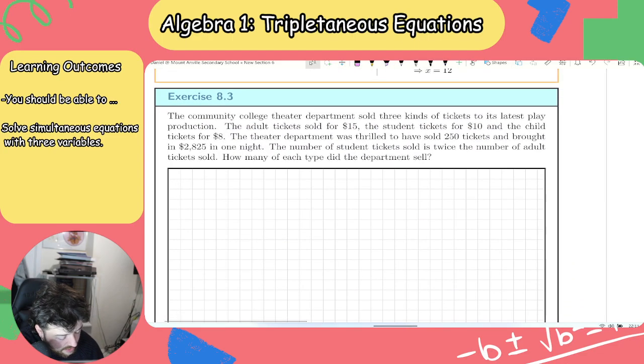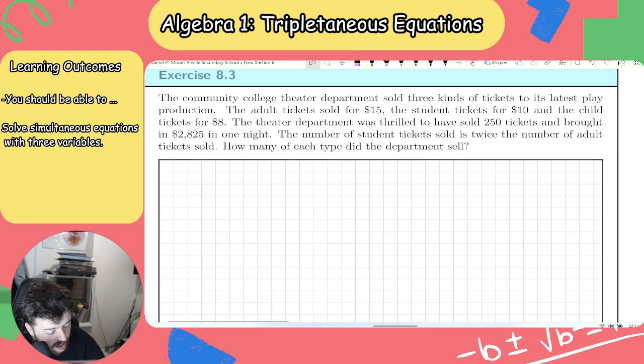So let's have a look at this question here and try and do this for ourselves. The community college theatre department sold 3 kinds of tickets. So I'm probably looking for prices of tickets to its last play production. The adult tickets sold for 15. Okay, so x is going to be equal to the number of adult tickets.